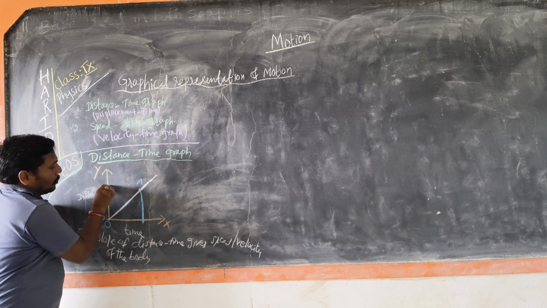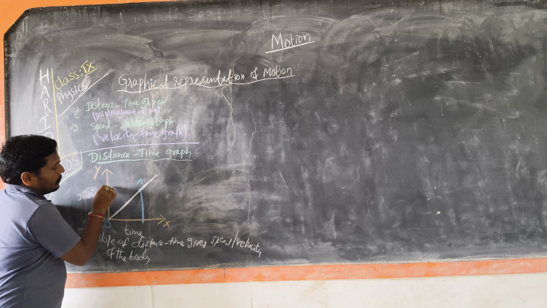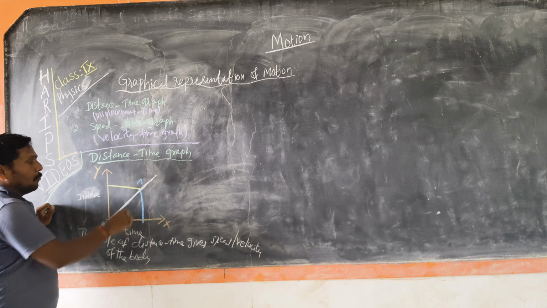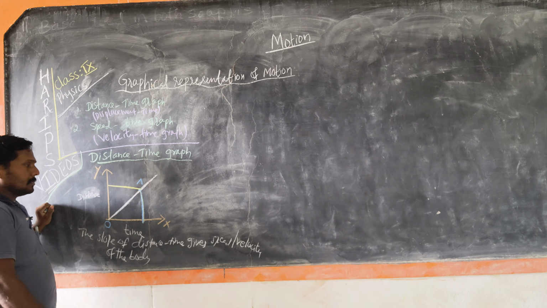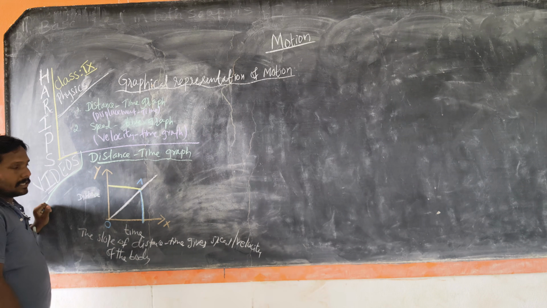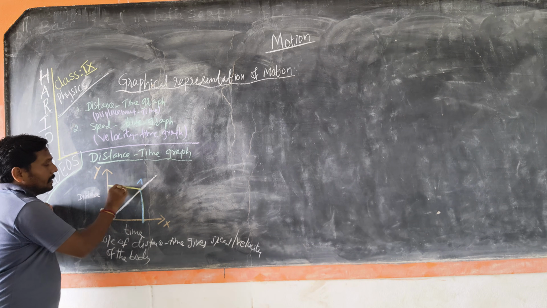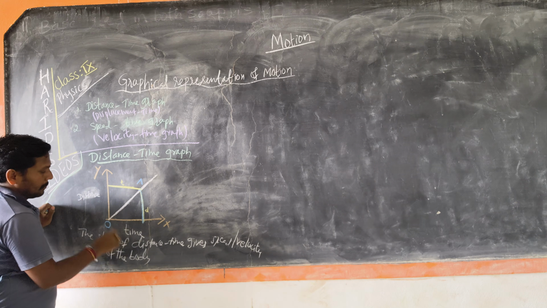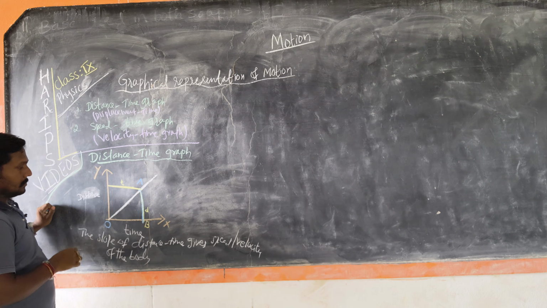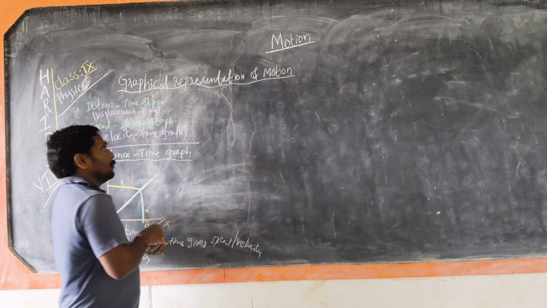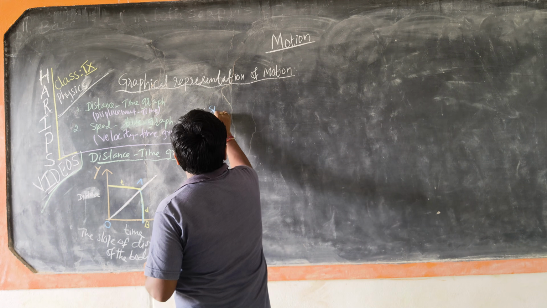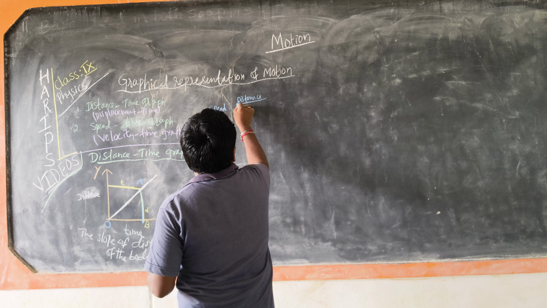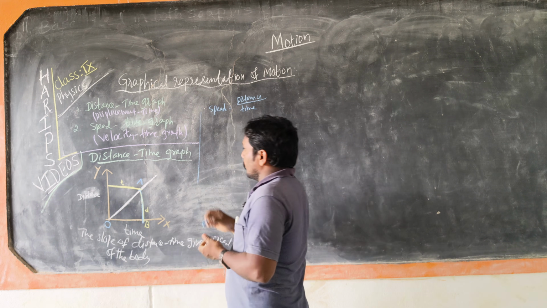Then draw one more line from the point A perpendicular to the y-axis, parallel to the x-axis, the time axis. So this indicates the time and this indicates the distance. Here consider OB. As we know, speed is equal to distance by time.